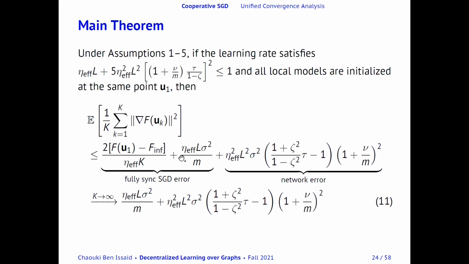where the upper bound can be decomposed into two parts. The first one is the same as the optimization error bound in fully synchronous SGD, and the second one is the network error. The error floor at convergence, that is when capital K goes to infinity, is given by equation 11.